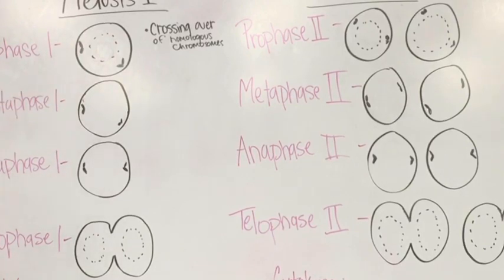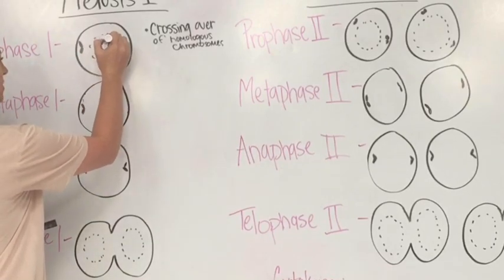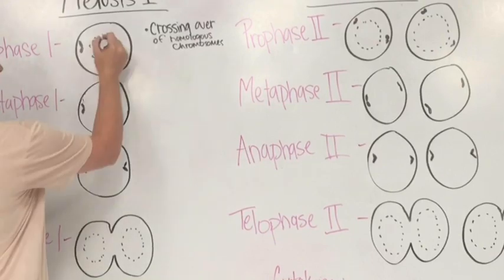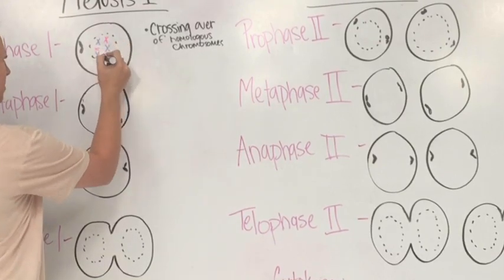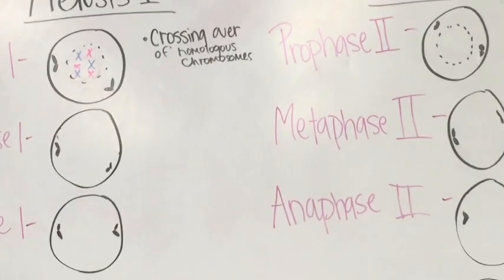All right, prophase 1 is where you have your mom and dad homologous. Homo means same. Some of their same chromosomes get to swap some information. So I don't know if you can see those little pink and blue X's, but the blue is going to represent the dad chromosomes and pink for mom chromosomes.